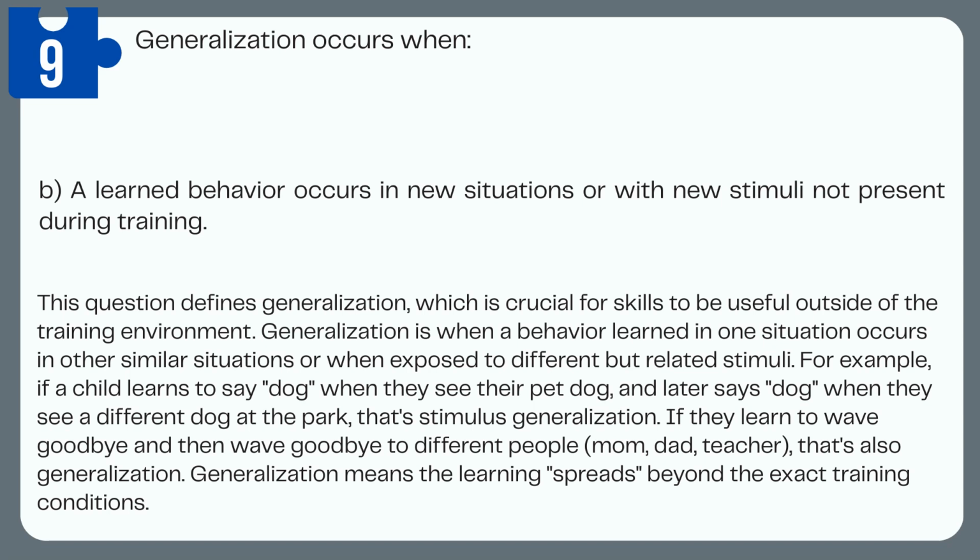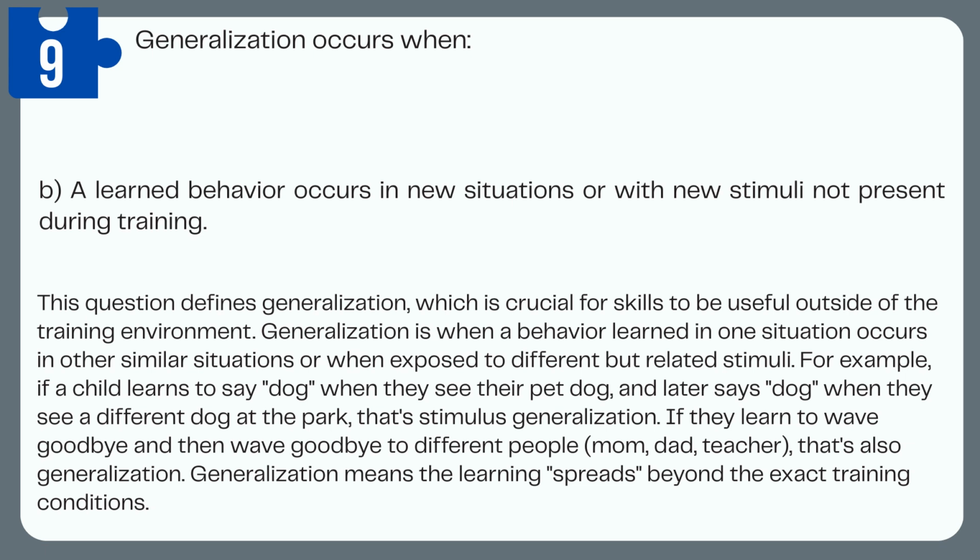Answer. B. A learned behavior occurs in new situations or with new stimuli not present during training. This question defines generalization, which is crucial for skills to be useful outside of the training environment. Generalization is when a behavior learned in one situation occurs in other similar situations or when exposed to different but related stimuli.